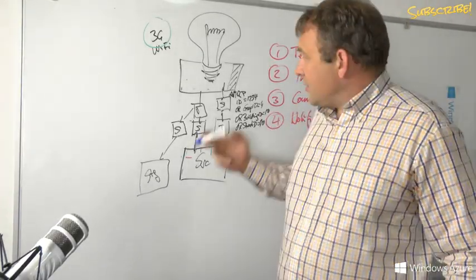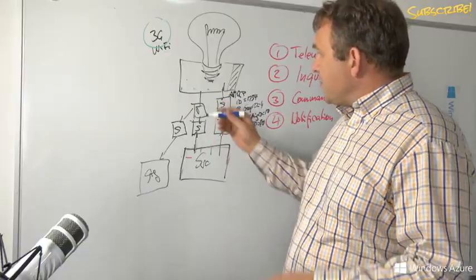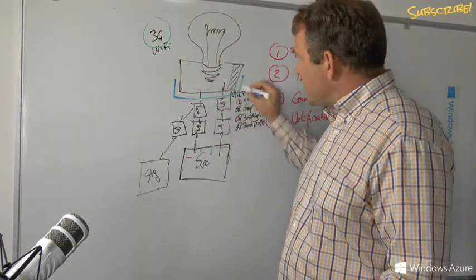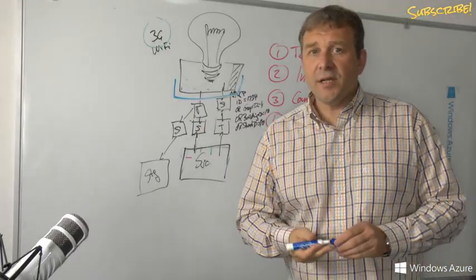The nice thing about using messaging for this is all the things that I said, but also keep in mind that the device here doesn't need to be on the public internet.